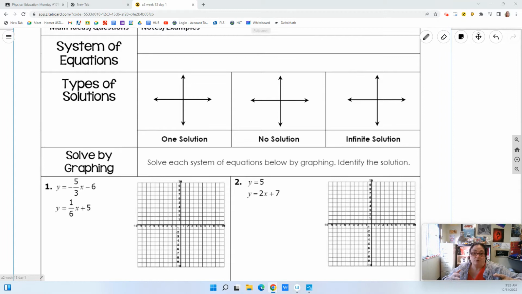Like we figured out how to take 2 points and write the equation of a line. And today we're moving into what we call systems of equations, which is more than one equation that kind of work in the same system or have the same solutions, if that makes sense.